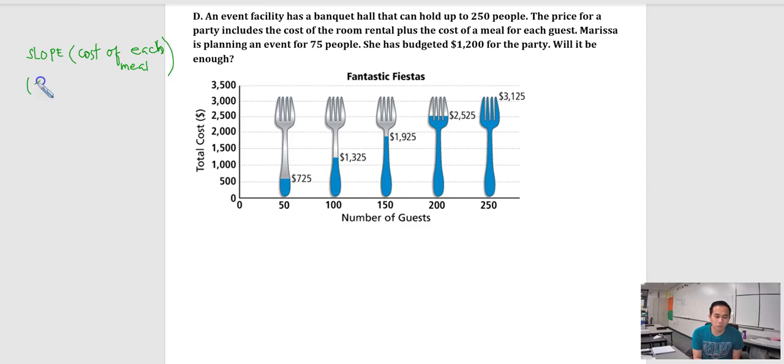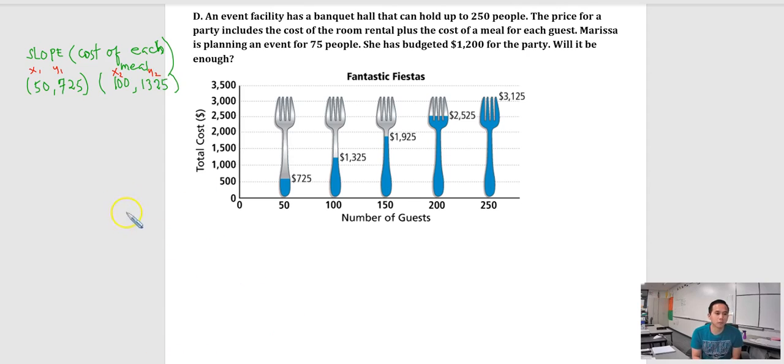I'm going to choose (50, 725), and the second point will be (100, 1,325). Okay, so those are the 2 points that I'm going to use. This will be my x1, y1, x2, and y2.